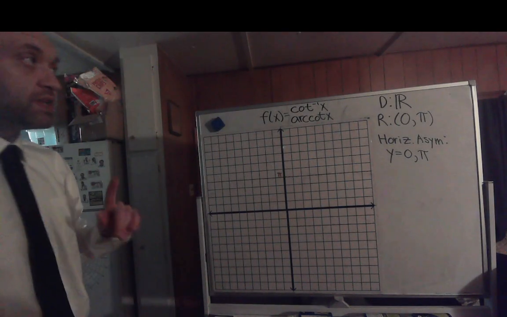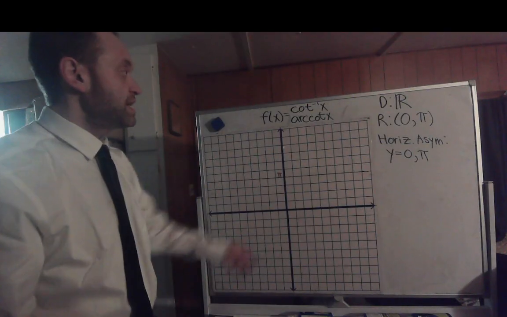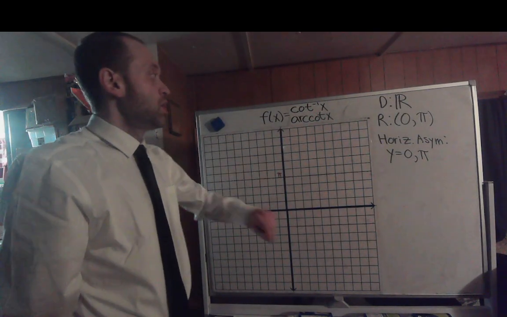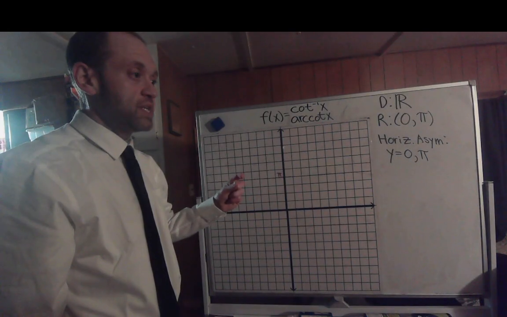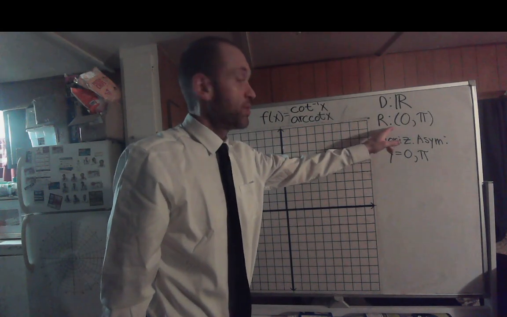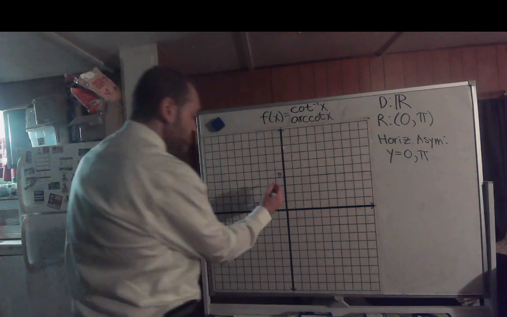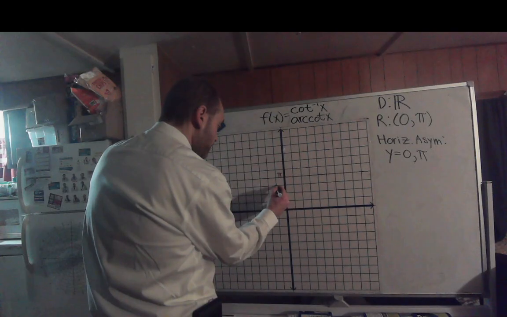Well, within the range, what gives you, if you put in -1 for x, a cotangent of -1 within this range? Well, 3 pi over 4 is in the range, right? So you would actually be at 3 pi over 4 right here.